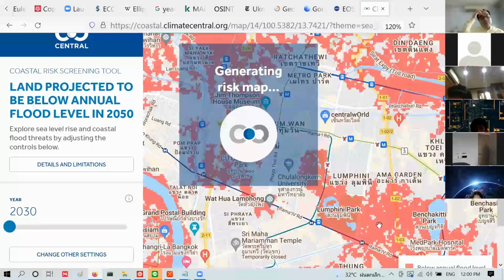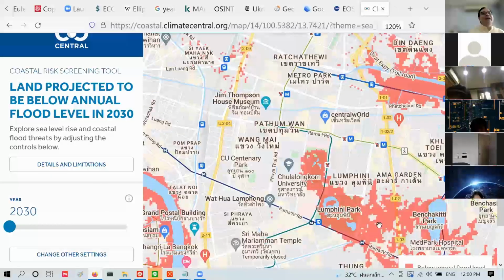So obviously, Netherlands has been living under the water for a long time because they have a dam. So this is not saying that there's going to be water up to here, but this is to say this is where the sea level is. Unless we have some kind of dam, this is a natural level of water in 2030.